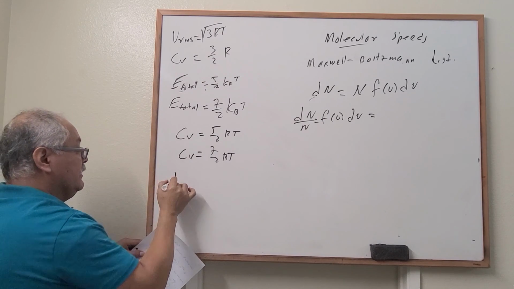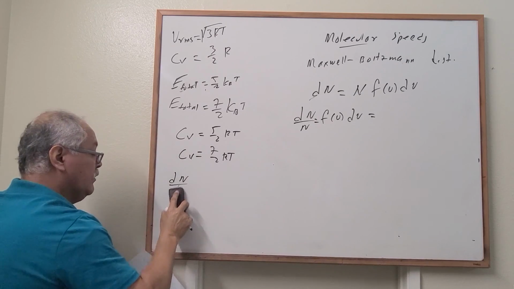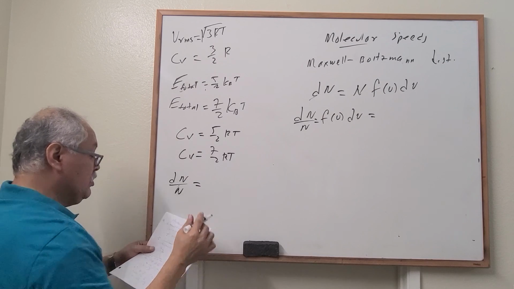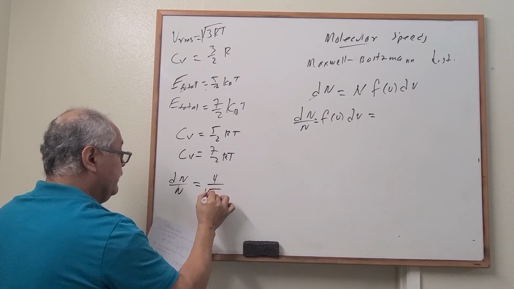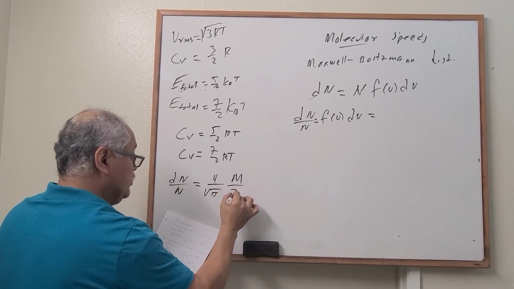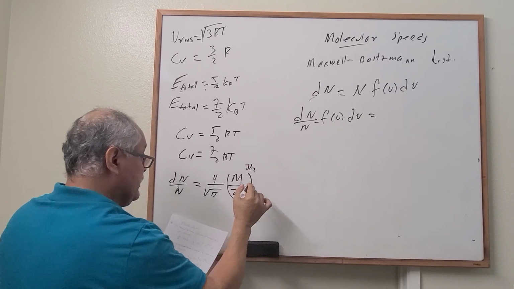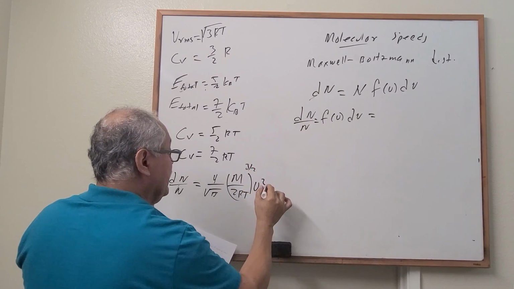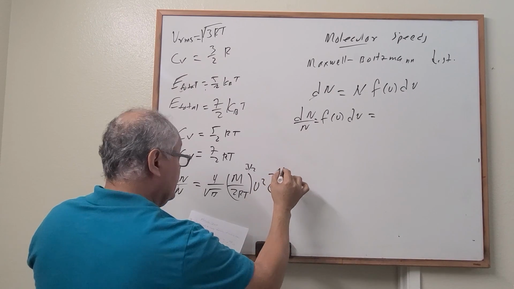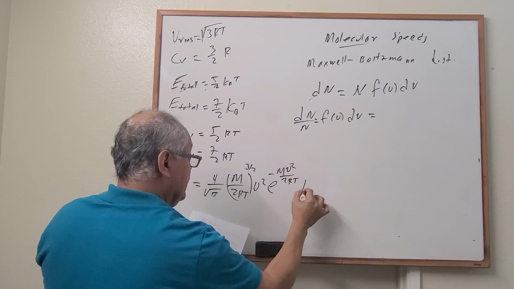So we have that this change in the particles divided by the total number of particles is equal to 4 over square root of pi, times the molar mass divided by 2RT to the 3/2, times v squared, times e to the negative molar mass times v squared over 2RT, dv.